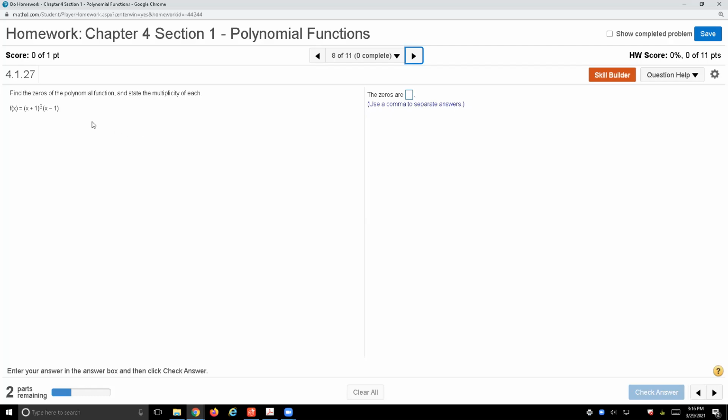Find the zeros and state the multiplicity. All right, let me describe what's going on here.